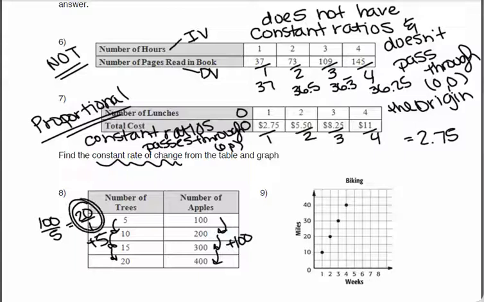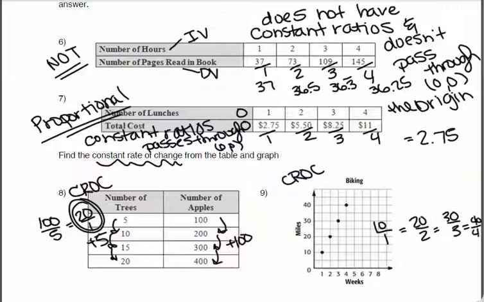So this is our constant rate of change, or our croc, as I like to call it. Over here, this constant rate of change is rising 10 and running 1, or here it's rising 20 and running 2. Over here, 30 over 3 and 40 over 4. So it is constant at 10. If we simplify 10 over 1, you get 10.